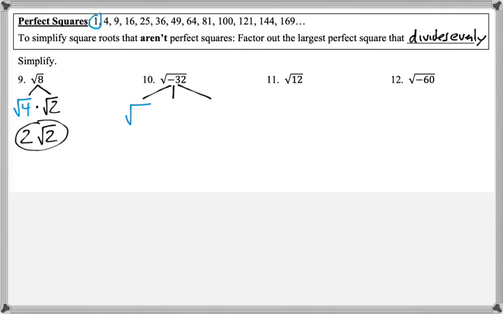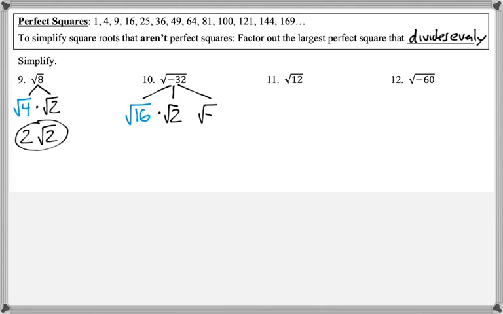So 1 divides into 32, 4 divides into 32, 9 does not, 16 does, 25 does not, and 36 is too big. So this will be 16 times 2 gets you back to 32, and then we have that negative sign there.